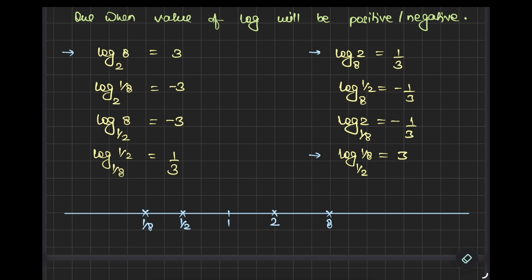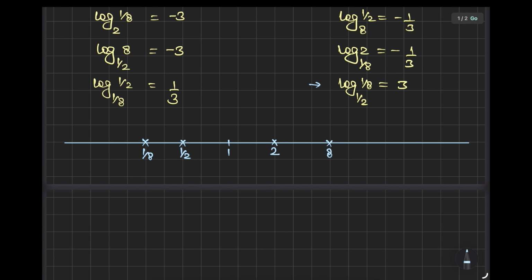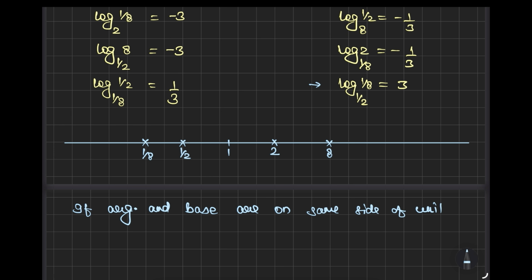So can I say that if argument and base are on the same side of unity, the value of the log will be positive?